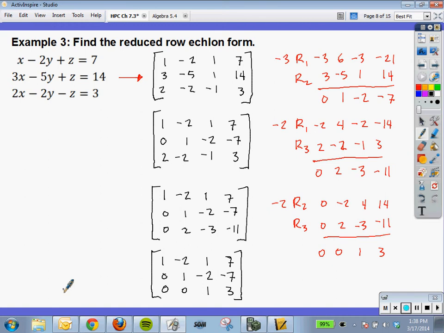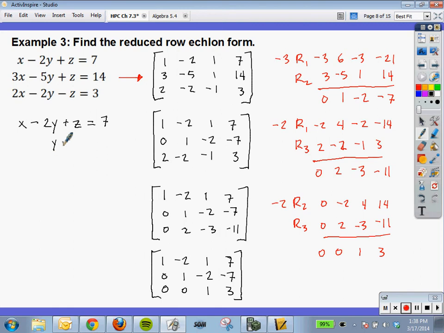So I think at this point it's kind of nice to reflect on the equations that the row echelon form represents. So I'm going to rewrite those equations to just sort of reflect on that right now. We have the first row representing 1x minus 2y plus 1z is equal to 7. And then row 2 we have a 0x, so I don't need to write that.